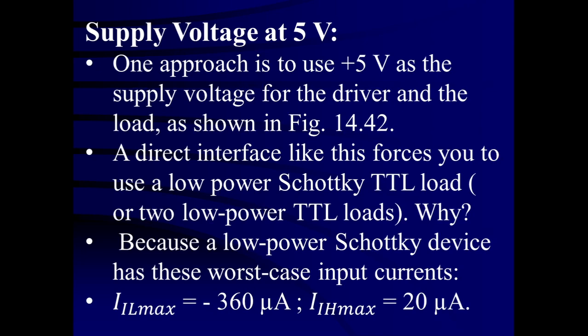So there are two or three different interfaces mentioned here. The first interface is that both are operating at the same supply voltage of 5 volt. That means the CMOS driver is operating at 5 volt, as well as the TTL.